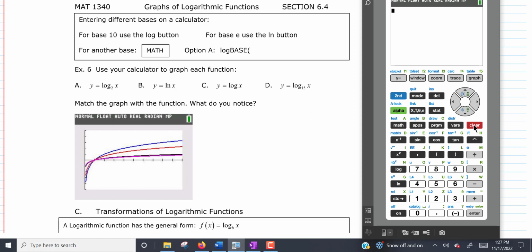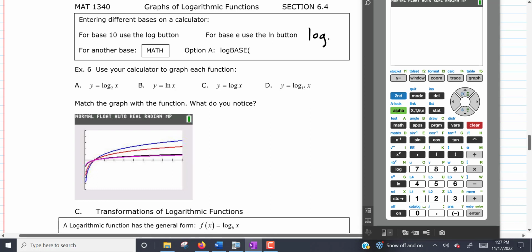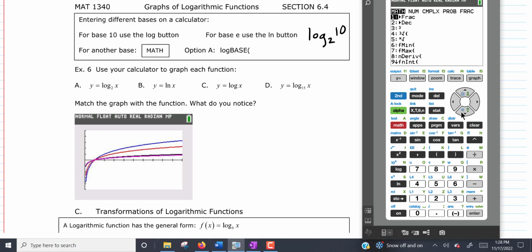So let's say, for instance, that you wanted to put in your calculator log base 2 of 10. So here's how you do this. What you do is follow these keys. All you do is press the math button, and then you have to scroll all the way down the list, and the way it is on an 84 is you'll say log base parenthesis.